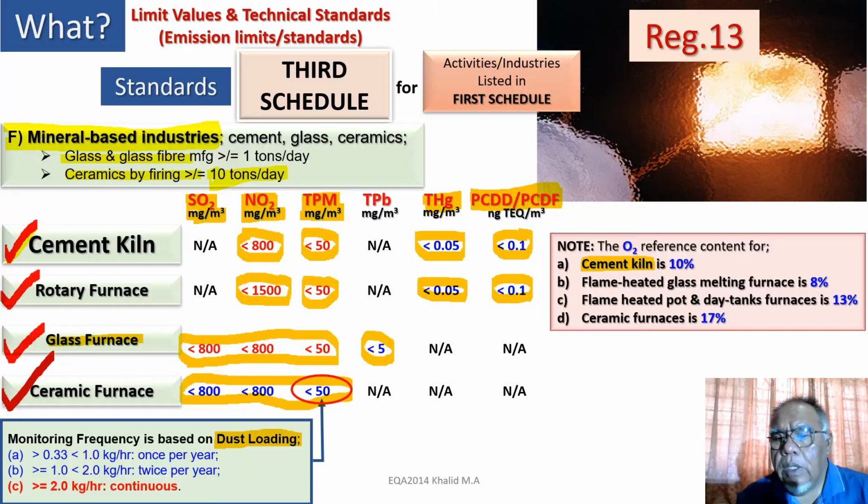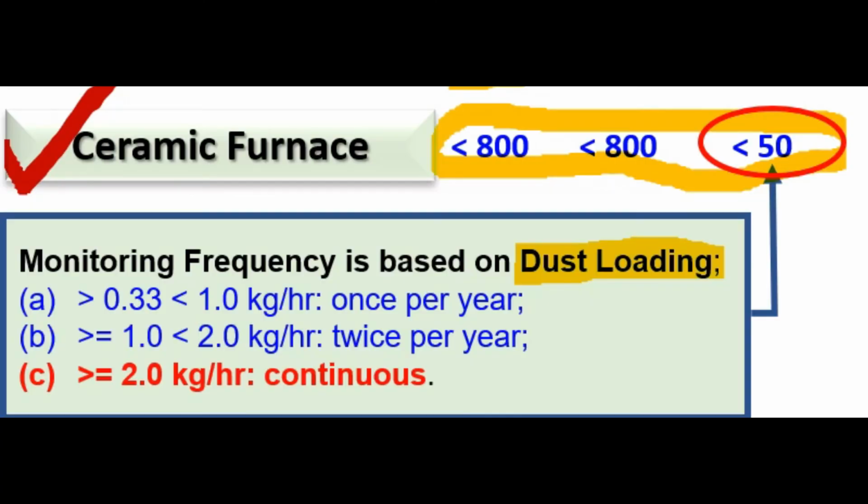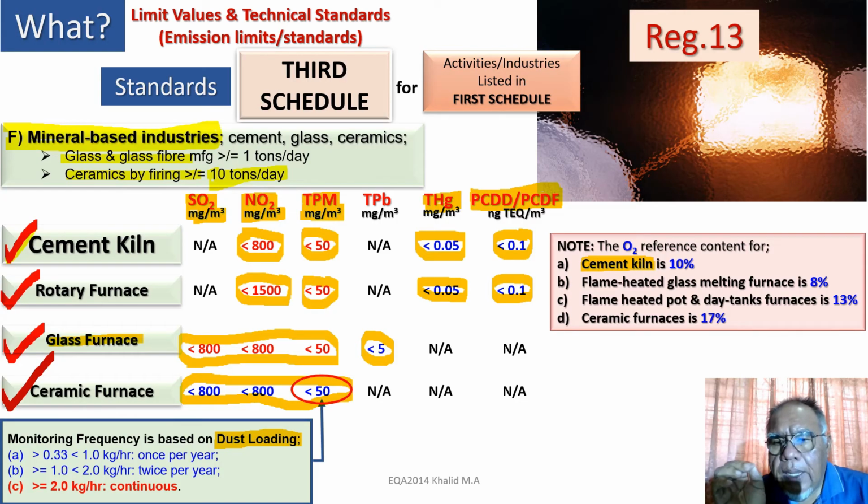How do you check dust loading? That concentration that you got to measure simultaneously with the flow rate. Loading is concentration multiplied by flow rate, and then you normalize the units into kilogram per hour. The law refers to kilogram per hour. Take a look. So based on this law, if the loading is more than 0.33 kilogram per hour but less than 1 kilogram per hour, the frequency of monitoring for the parameter total particulate matter is once per year.